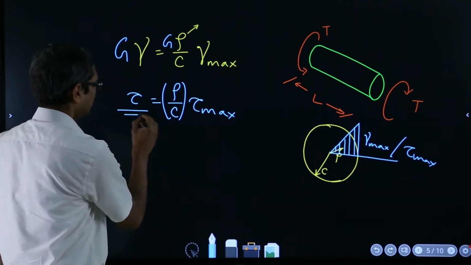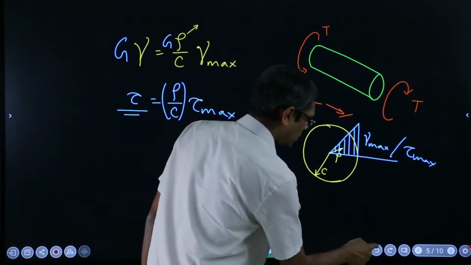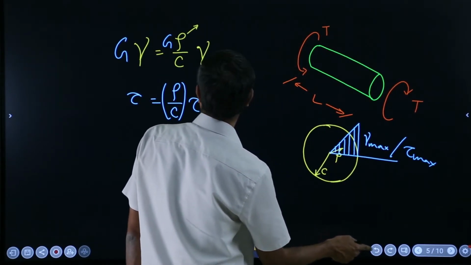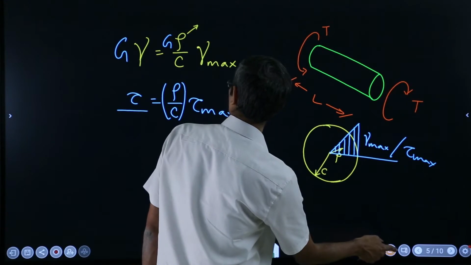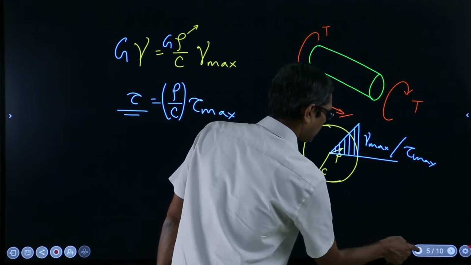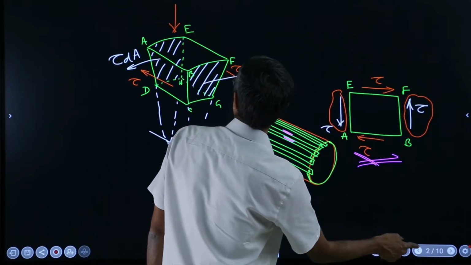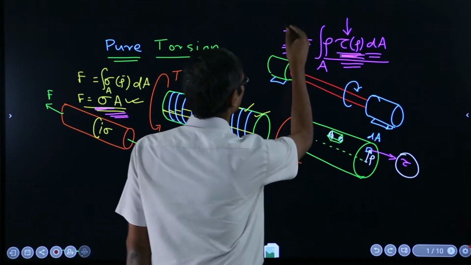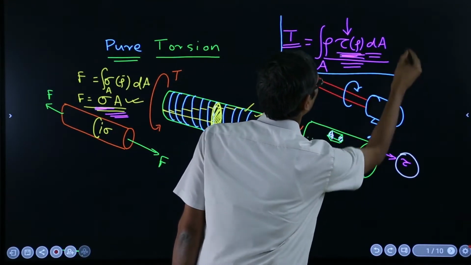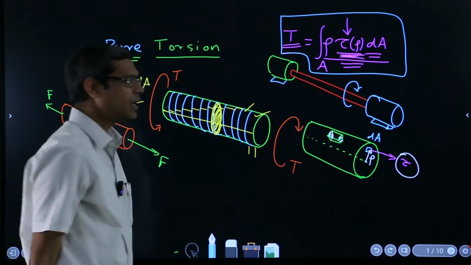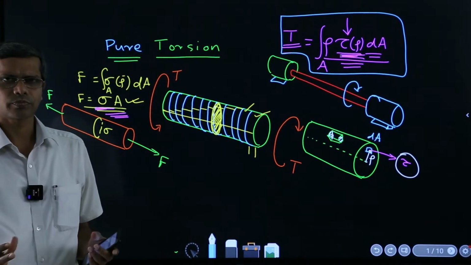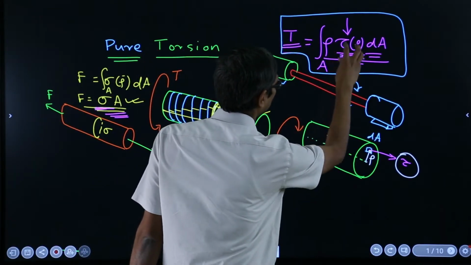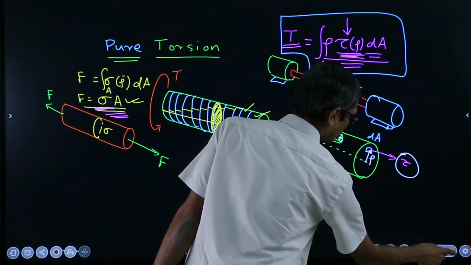With this, if you remember the previous slides where I had written this expression I am referring to, we wanted to get a relationship between the applied torque and the distribution of the torque.